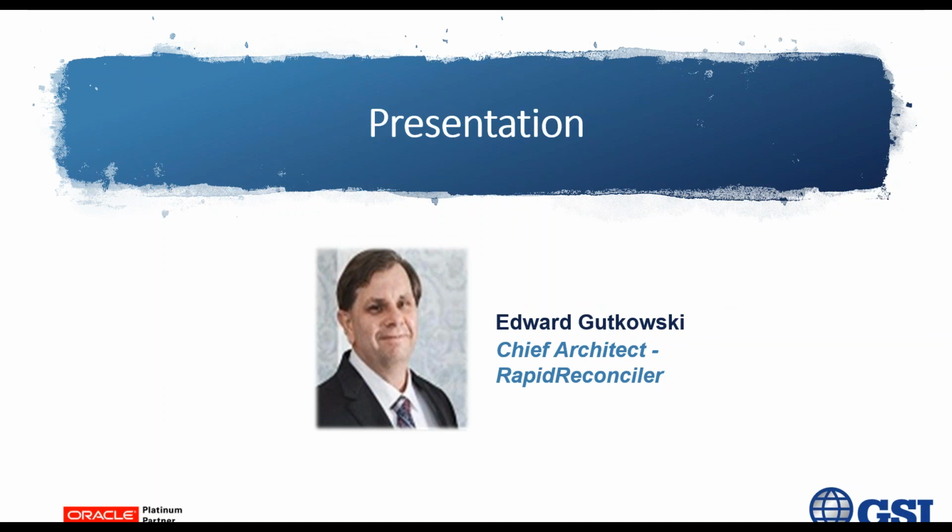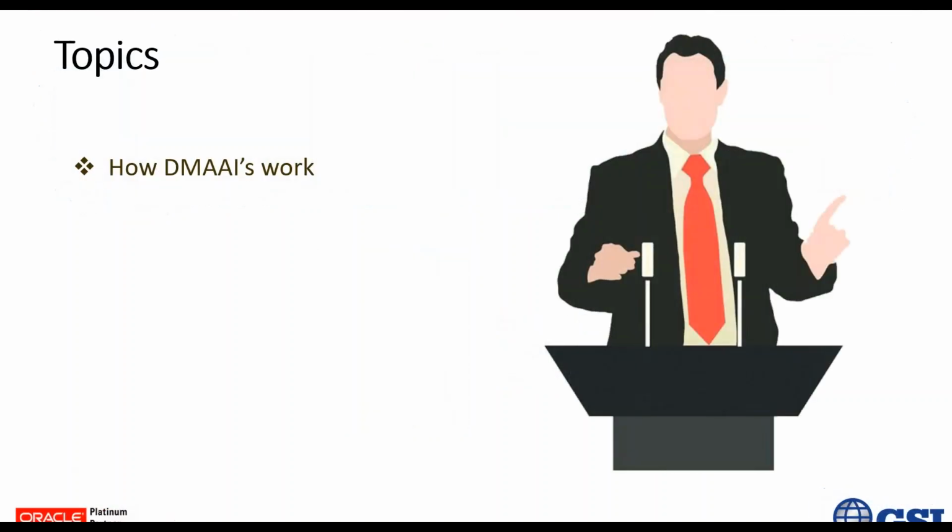Okay, and if you can just show the presentation and advance it, I'll just let you know when to advance it, okay? Okay, perfect. So some of the topics that we're going to be covering today is we'll talk a little bit about how those distribution manufacturing accounting instructions will work. And page down. And we'll talk about what they look like in JD Edwards and how they appear on the setup screen.